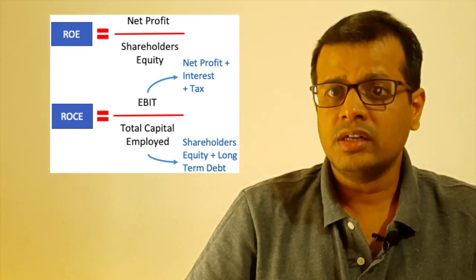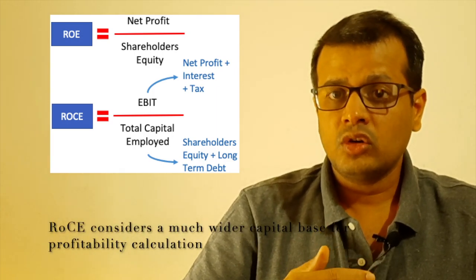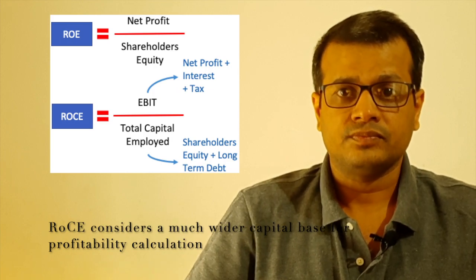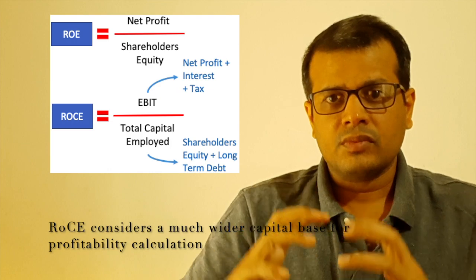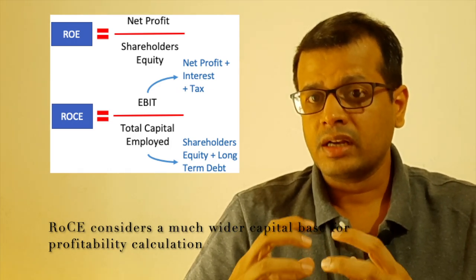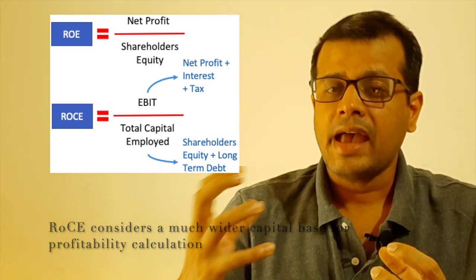And the total capital employed is shareholders' equity plus long-term debt. Just by looking at the formulas, I hope you can understand the relationship between return on equity and return on capital employed. Now we will talk in more detail about these ratios.